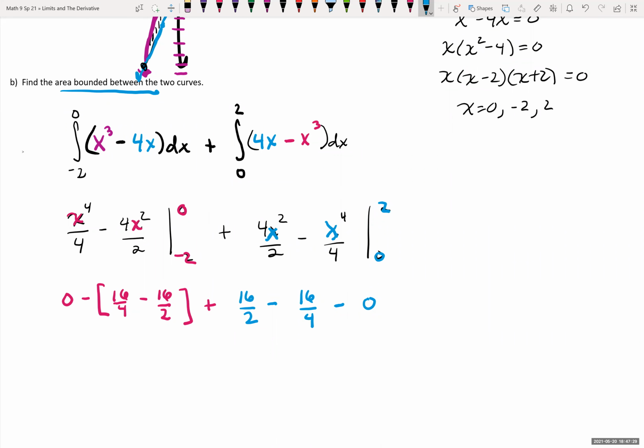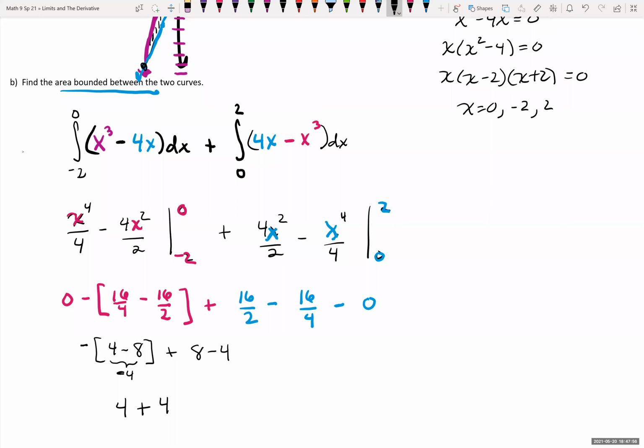Okay, so let's clean this up. So this is minus, well, 16/4 is 4, minus 16/2, which is 8, plus 16/2, which is 8, minus 16/4, which is 4. So notice inside my bracket here, 4 minus 8 is -4 with this negative out front. So this is +4 plus 8 minus 4, which is 4.